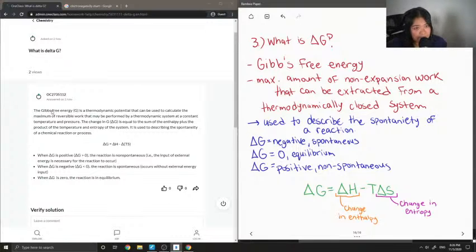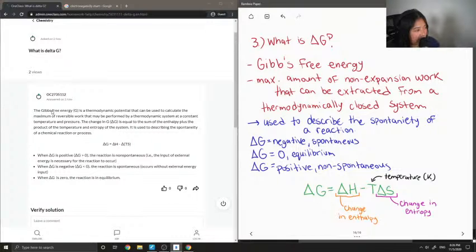Oh yeah, I should also label T as temperature just to make things clear. T is temperature.